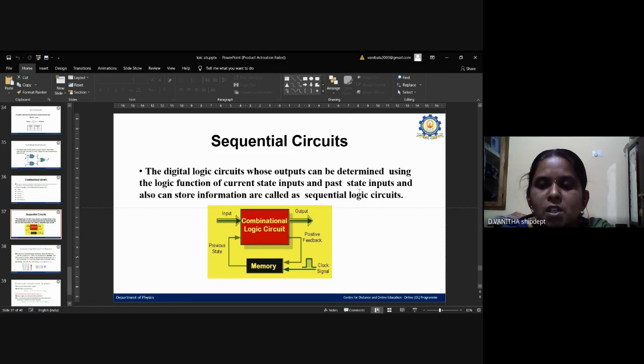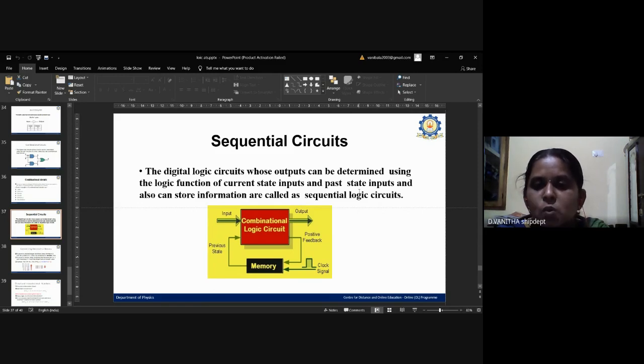By using logic gates, different types of combinational circuits and sequential circuits can be built. Combinational circuits don't have any memory, so we cannot store data in them.